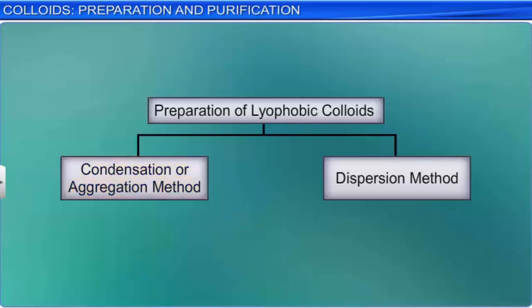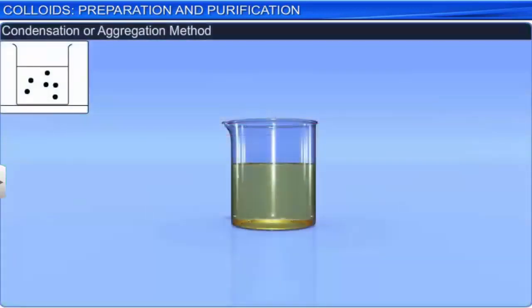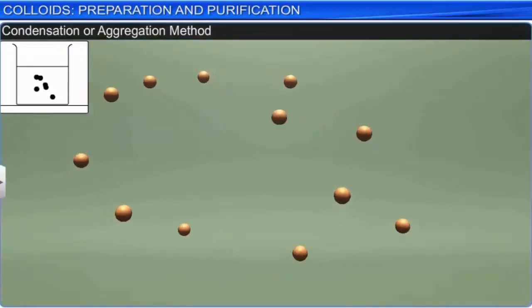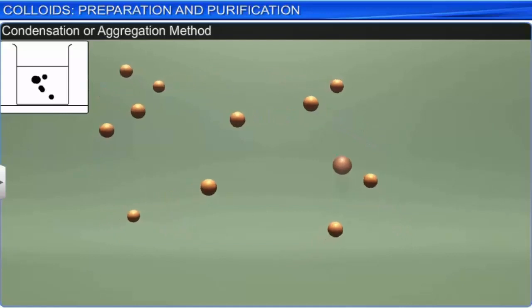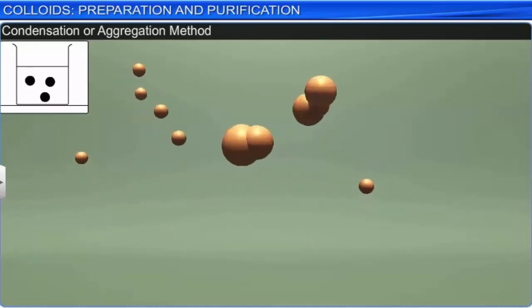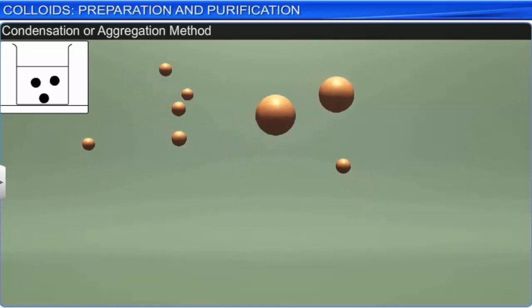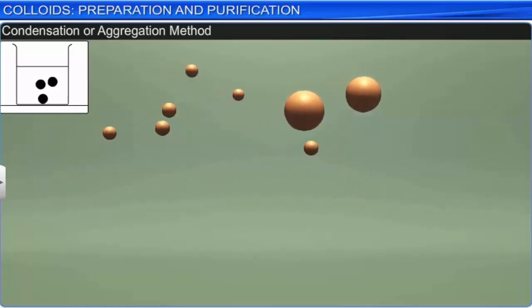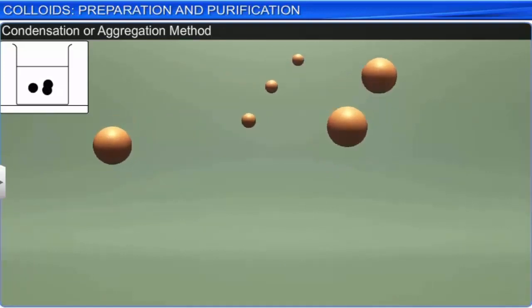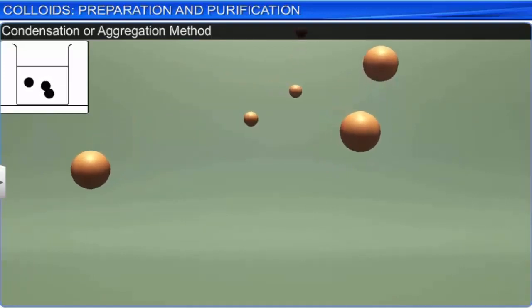As the name suggests, in condensation methods, the smaller particles of the dispersed phase aggregate to form larger particles of colloidal dimensions. That is, the constituent particles in true solutions, such as ions or molecules, are allowed to grow in size to particles of colloidal dimensions.